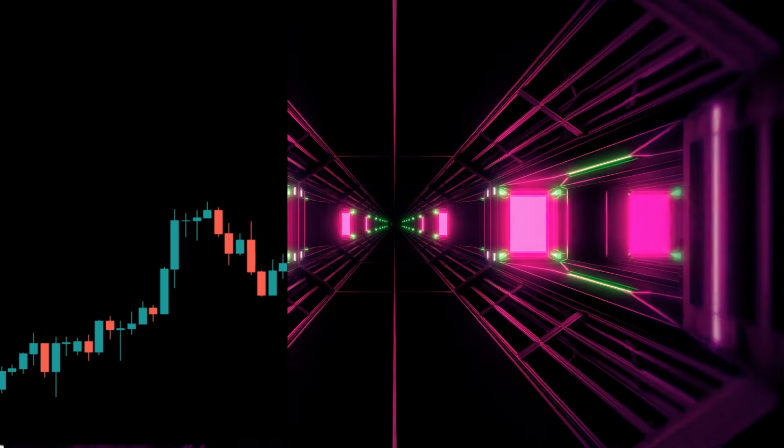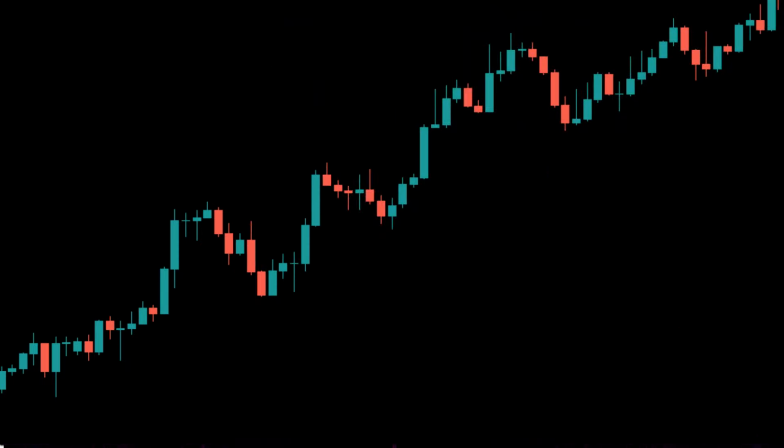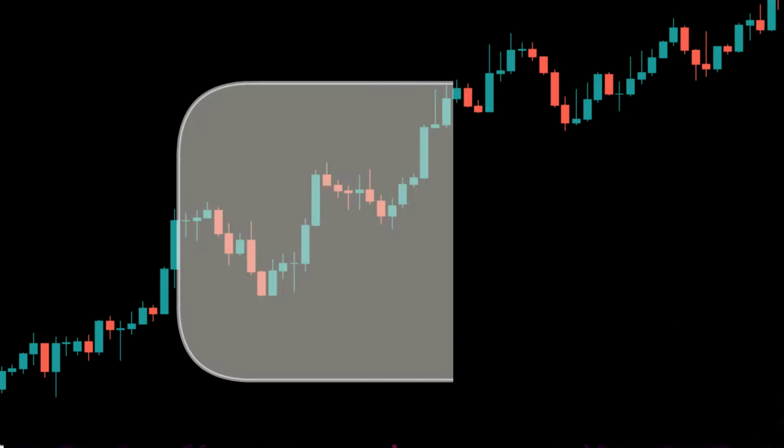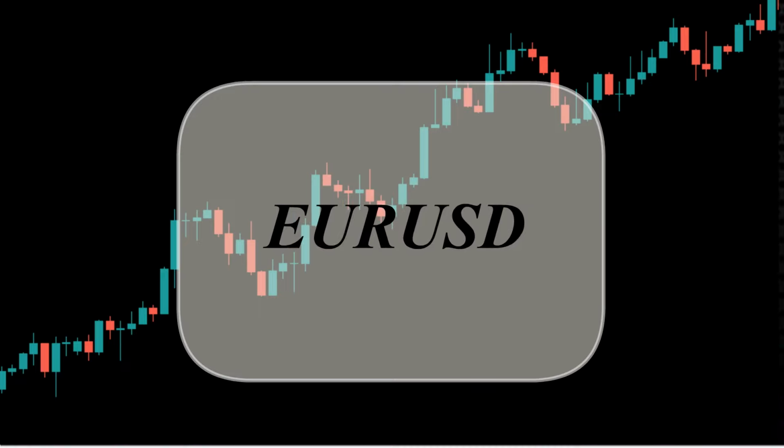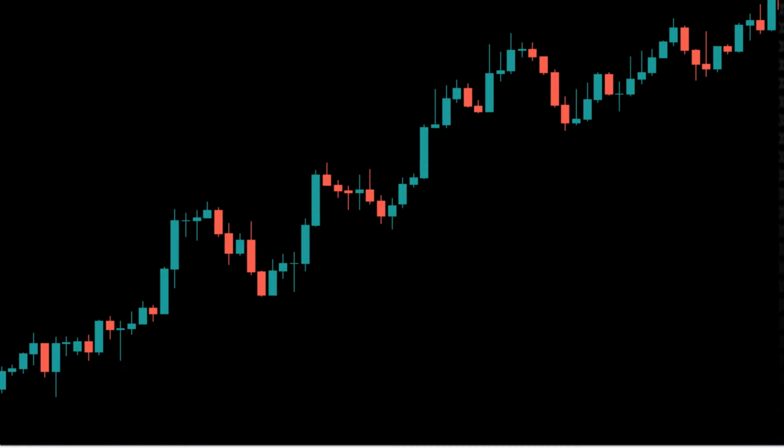Alright, this is a clear chart example of an uptrending market on Euro USD. Now, if you look carefully, you will discover that the price moves in swings. So, we have the swing point 1, swing point 2, swing point 3, swing point 4, swing point 5, swing point 6, swing point 7, and swing point 8.